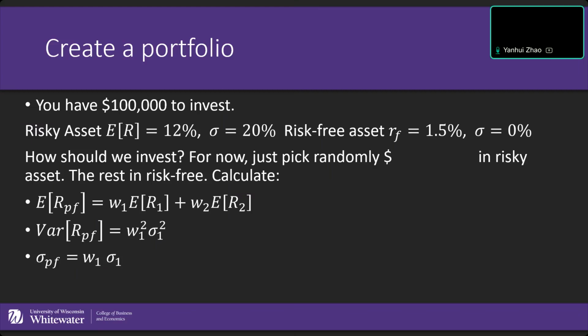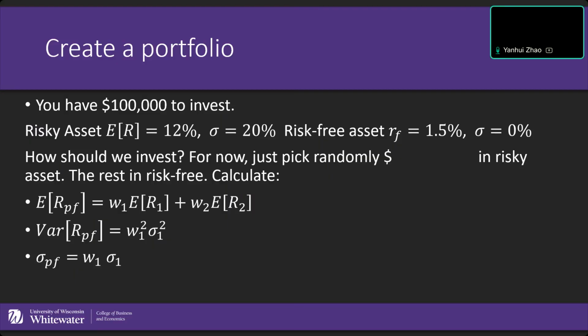Thank you very much. And also we learned investing in a two asset portfolio. So the two asset portfolio includes one risky asset and one risk-free asset. And then we focus on the portfolio's expected return, standard deviation, and variance.